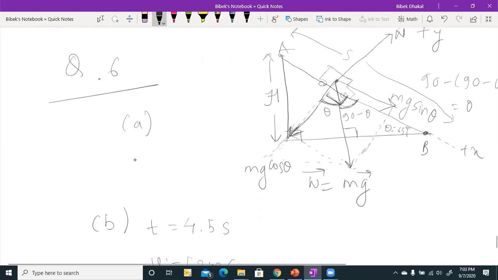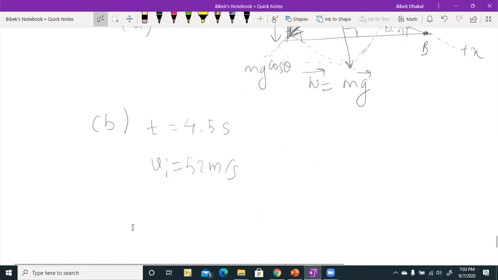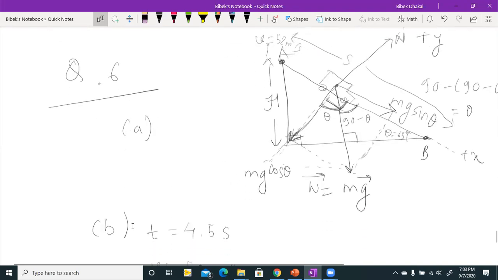So when the car was here, the velocity was 52 meters per second. Now first let's find this distance, since we already have the angle, we can use trigonometry to find this height h.